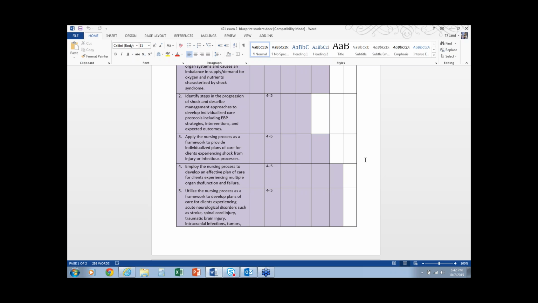If that's the case, you're going to do blood cultures first. You're going to have an order, hopefully, for a broad spectrum antibiotic. You're going to get that hung. And you're also going to have fluids going to help keep the blood pressure going. So that's just an example of how the progression of shock happens, and then what do we do about it? So that's the sepsis.